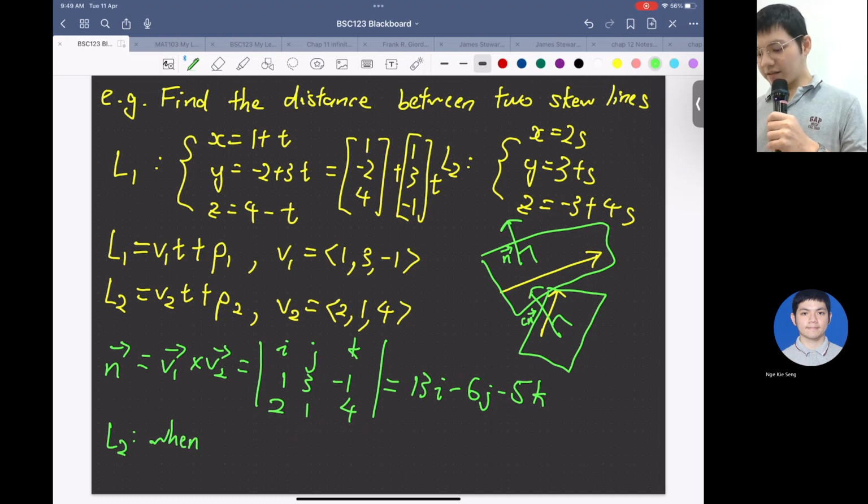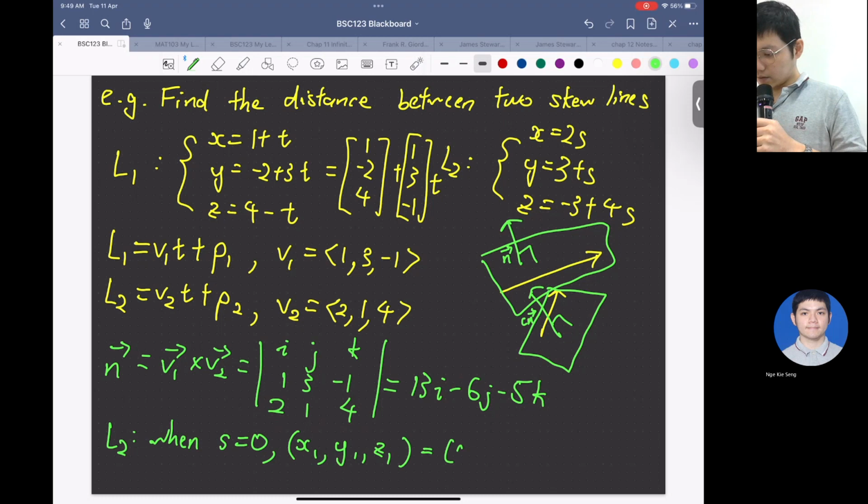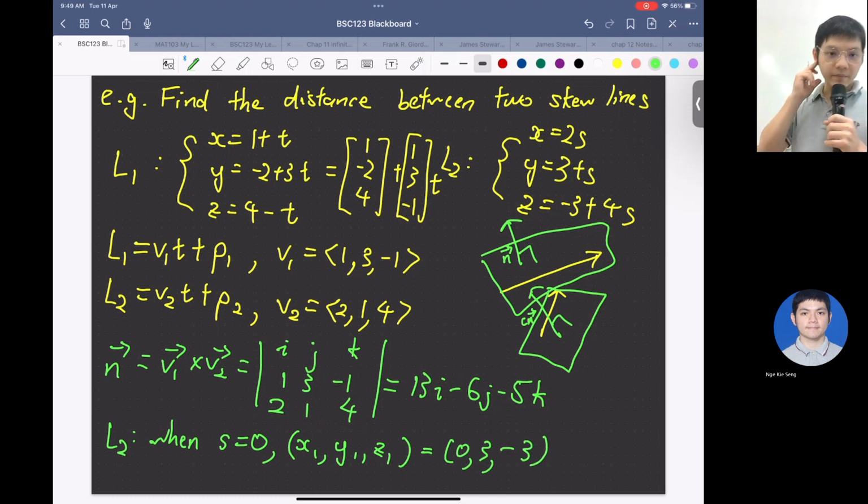The easiest way is to set something to 0. So we'll set x to 0, and what we get is 0, 3, and minus 3. So we got this point on L2.